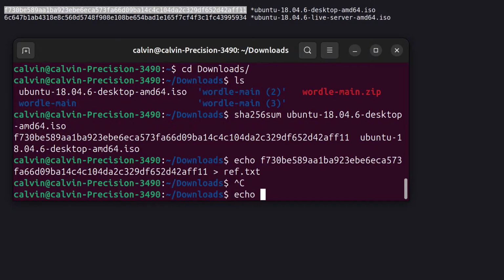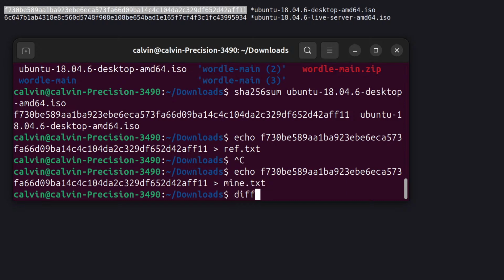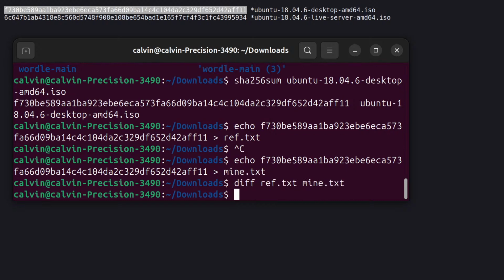There's a good way to do this, and I am too tired to figure out what it is right now. And so there's no difference between those two hashes, so I can be highly confident that I downloaded the version of Ubuntu that I thought I did.